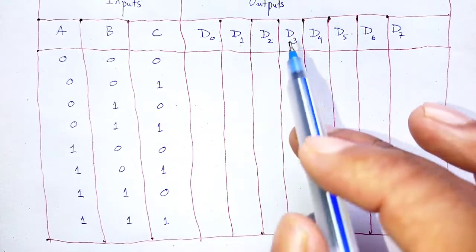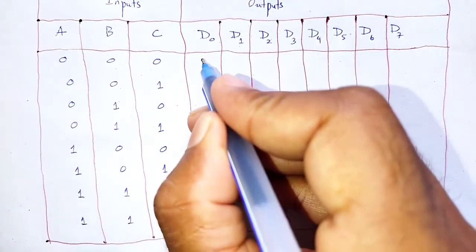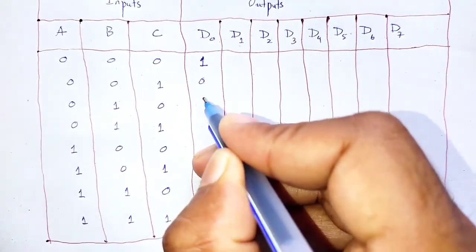So, the high values of the outputs: here D0 is 1, all others are 0.